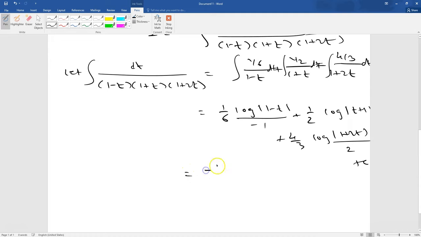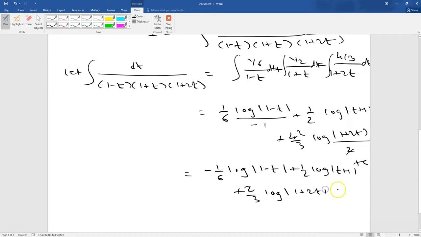Now this is going to be minus 1/6 log of 1 minus t plus 1/2 log of t plus 1 plus, 2 twos are 4, so 2/3 log of 1 plus 2t plus c, right? So replace the value of t now.